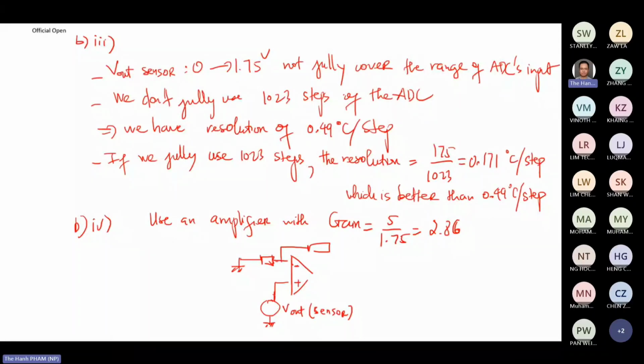This is an amplifier, and this V out will be linked to the ADC, right? So this one is R1, this one is R2. And the gain is 1 plus R2 over R1, and this one should be 2.86. So from here, R2 over R1 should be 1.86. So you can choose R1 as 10K, then R2 must be like 18.6K.